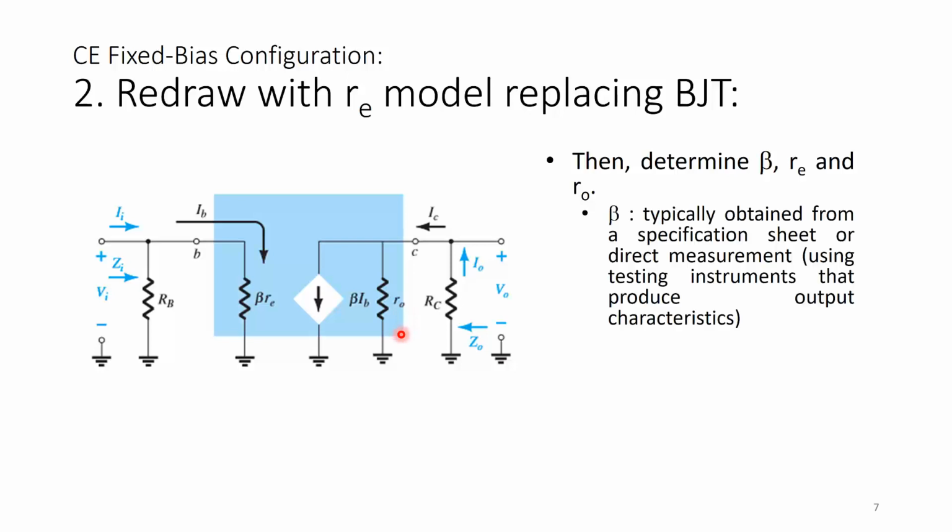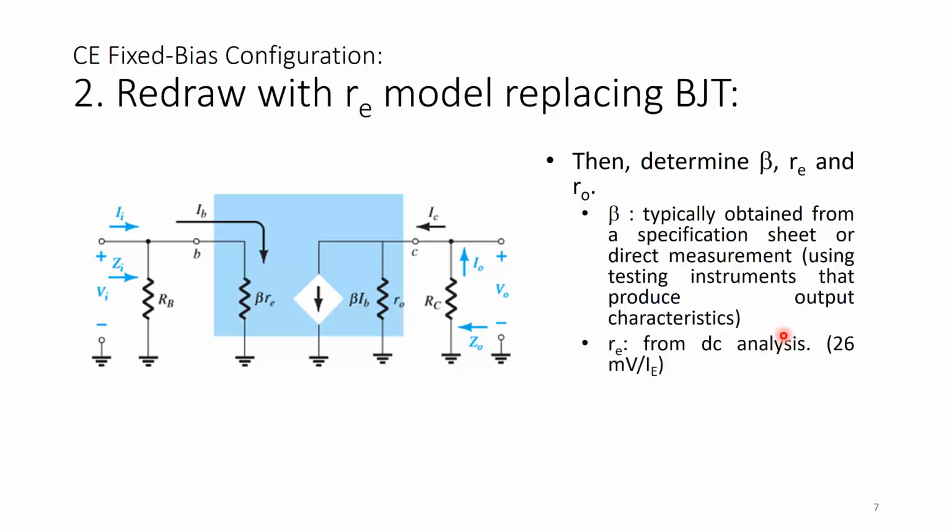So beta is typically obtained from a specification sheet or direct measurement using testing instruments that produce output characteristics, meaning it's either a value given in the data sheet, or you can take the transistor and measure it at a curve tracer or semiconductor parametric analyzer that gives you output characteristics, and you can measure what beta is from there.